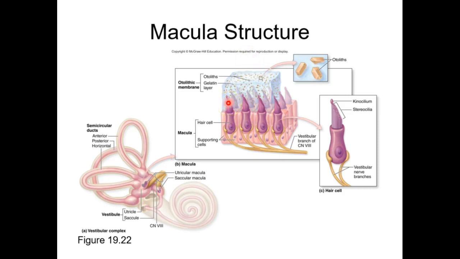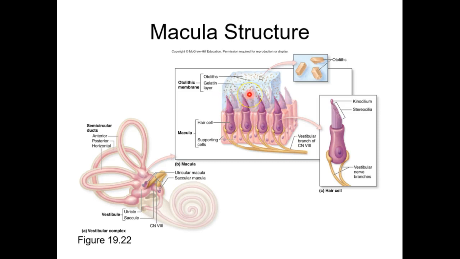So when we tilt our heads, when we change the position of our head, we've got a gelatinous layer. It's called the otolithic membrane. There's actual gelatin in there, not like Jell-O gelatin, but the sort of collagenous stuff that is the same stuff we make Jell-O out of. That's in a layer over these hair cells.